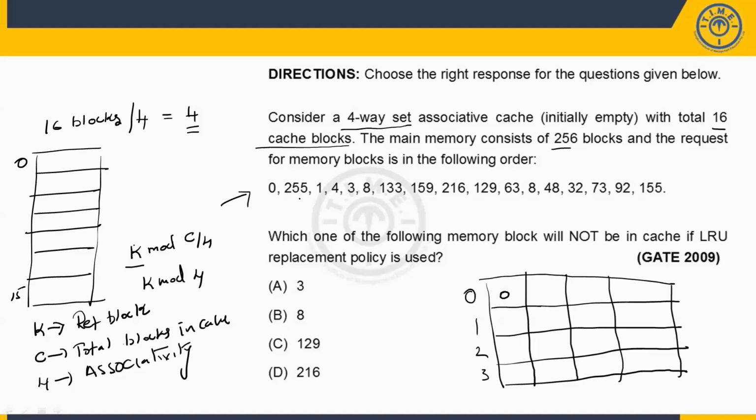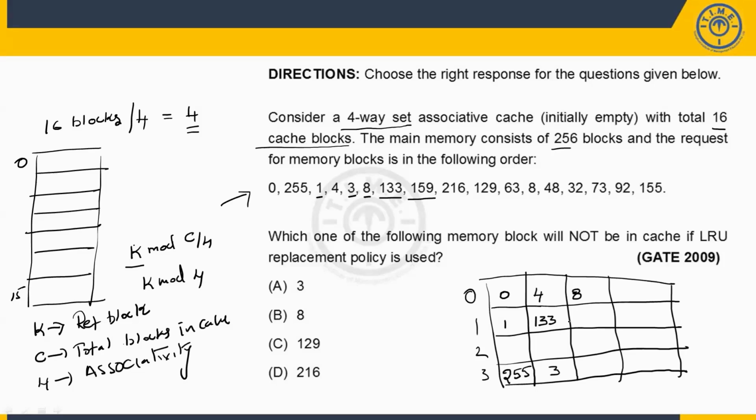Next, 255 mod 4 is equal to 3. 1 mod 4 is equal to 1. 4 mod 4 is equal to 0. 3 mod 4 is equal to 3. 8 mod 4 is equal to 0. 133 mod 4 is equal to 1. 159 mod 4, what is 159 mod 4?